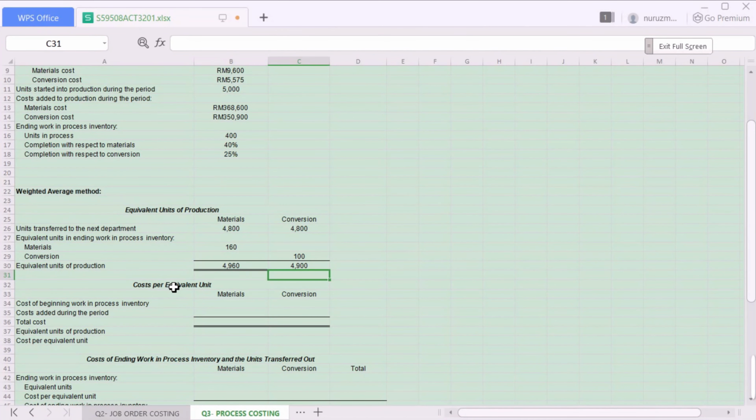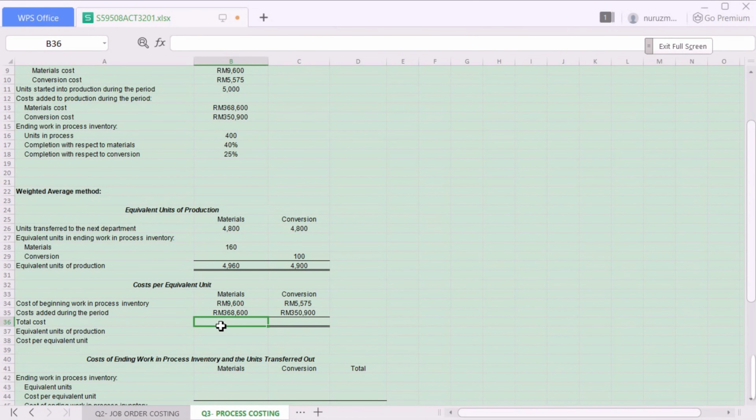Cost of beginning work in process inventory for materials 9,800. For conversion 5,575. Cost added during the period for materials 368,600, and for the conversion 350,900.